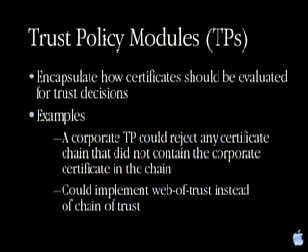If it matches one of those root certificates, then we say, okay, it's trusted. But you might not necessarily want to do it that way. One example is you could do a web of trust, so you could say, I'm only going to trust it if my pal trusted it. That would be a different way to implement a TP. Or you could look it up in a corporate database. So there are a lot of different ways that you can change how certificates are trusted on the system by writing a trust policy module.